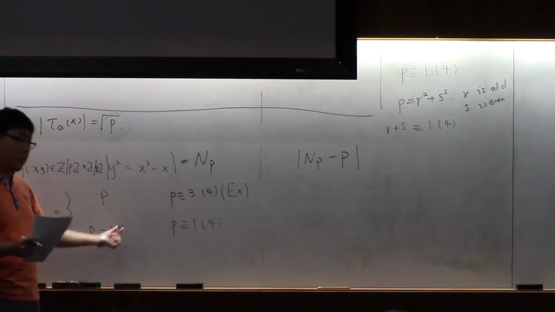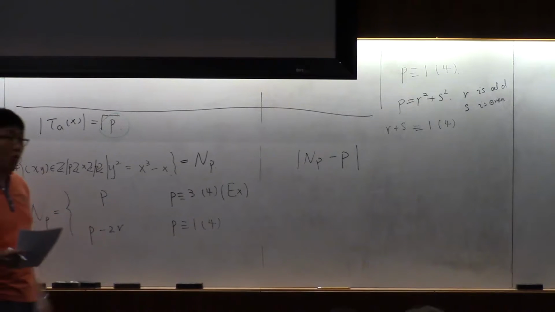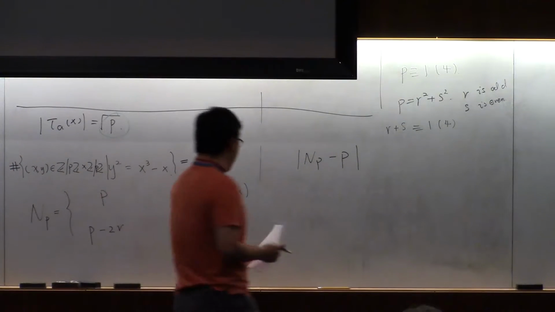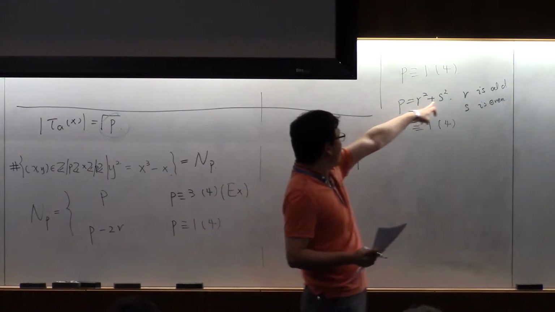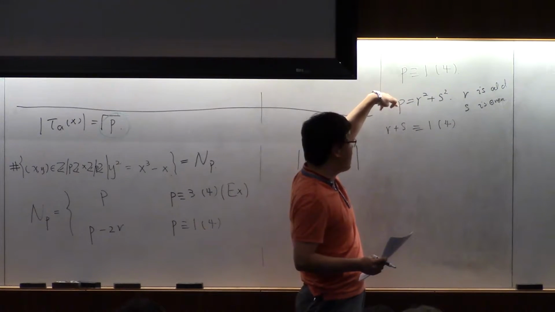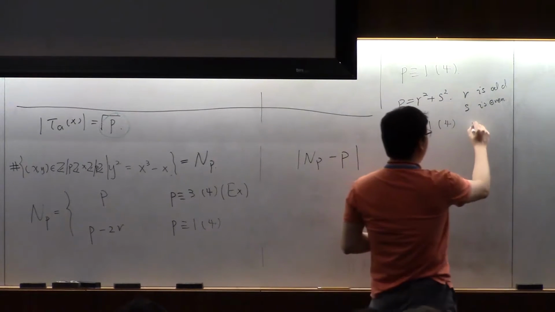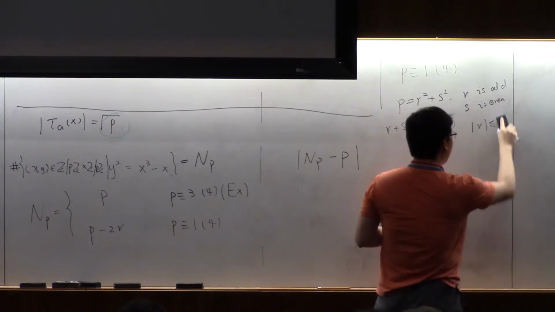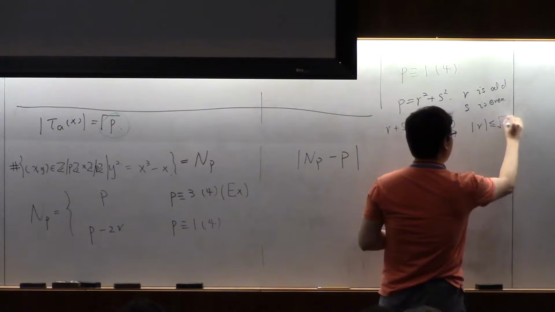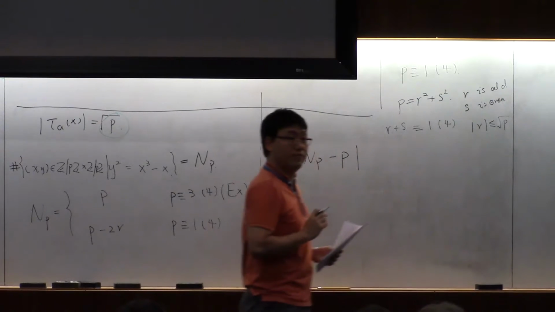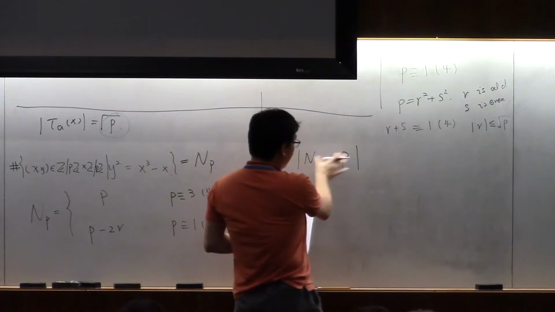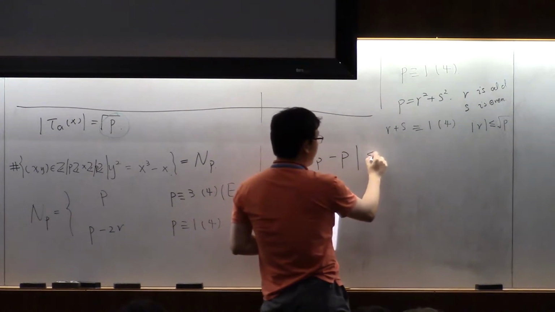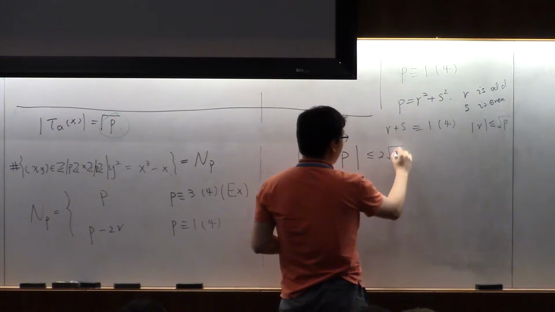In the second case, the difference is 2r. But here, r squared plus n squared is equal to p. So the absolute value of r is smaller or equal to the square root of p. In other words, this difference is bounded by 2 times the square root of p.